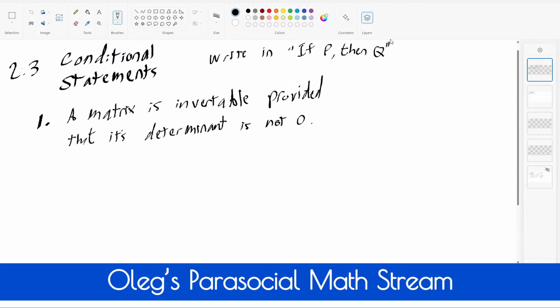Okay, so we're going to say which is P, which is Q. A matrix is invertible. This is Q. Okay, and then we're going to say its determinant is not zero. That's P. Okay, and because its determinant is not zero, a matrix is invertible. The condition that makes the result, the condition is its determinant is not zero.